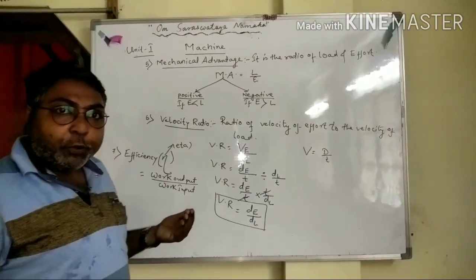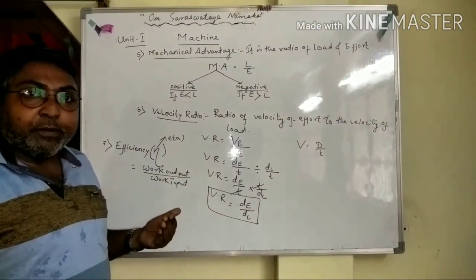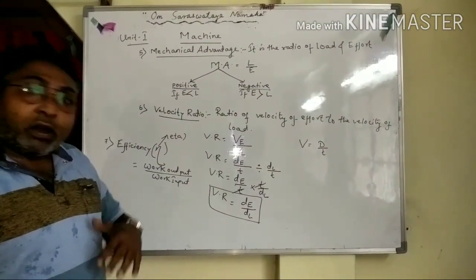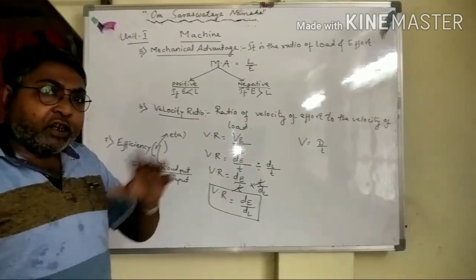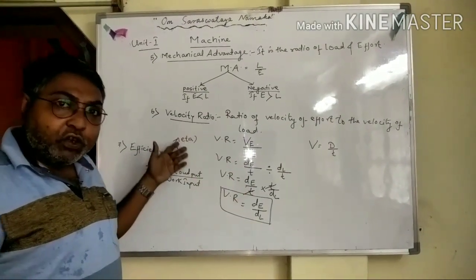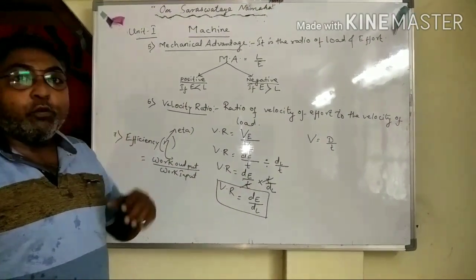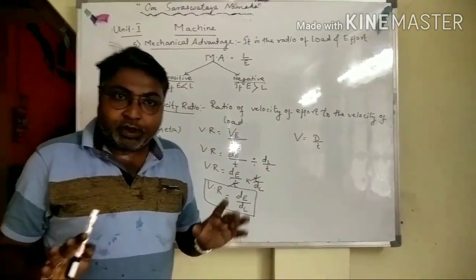In my next video, I'll be explaining the principle of machine. Then I'll tell you the two different kinds of machine. Then the relationship between velocity ratio, mechanical advantage and efficiency. Then I'll explain lever. This will be all in the first unit.